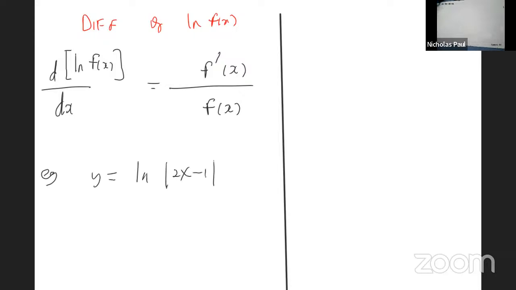So if I ask you to differentiate ln(2x minus 1), real easy. All you're going to do is put 2x minus 1 in the denominator, and the numerator is the differential of that. That's okay? No more learning it.